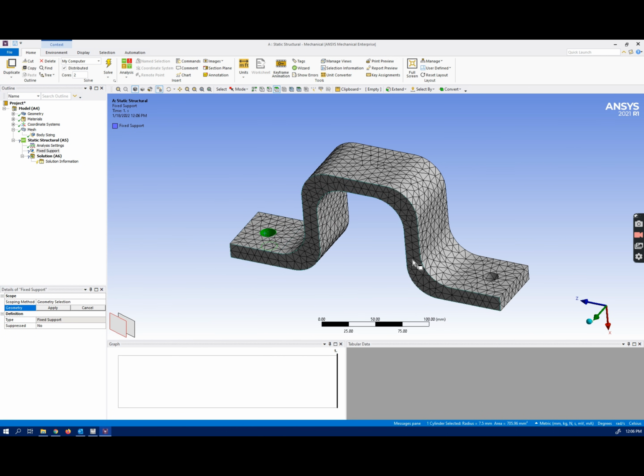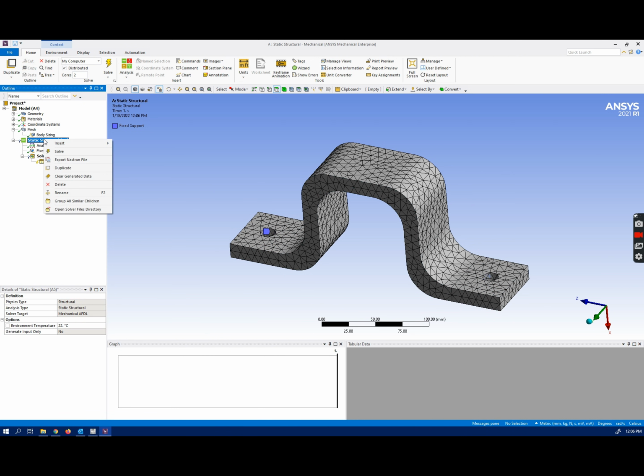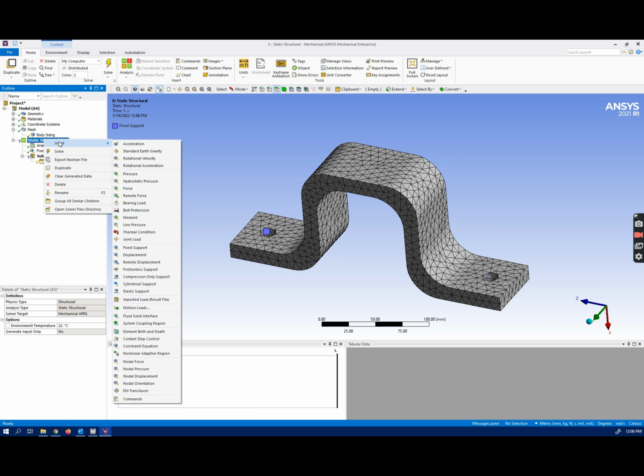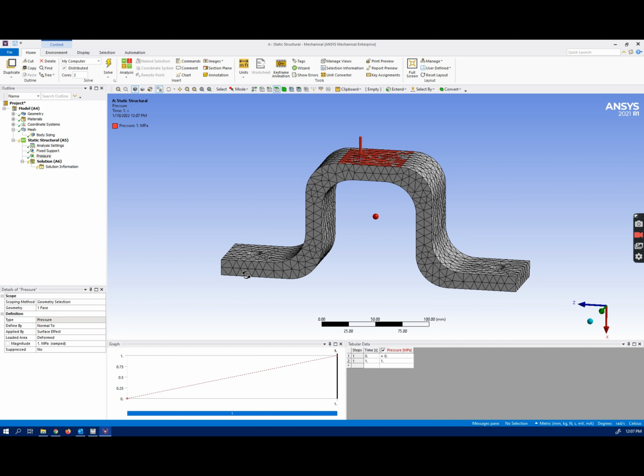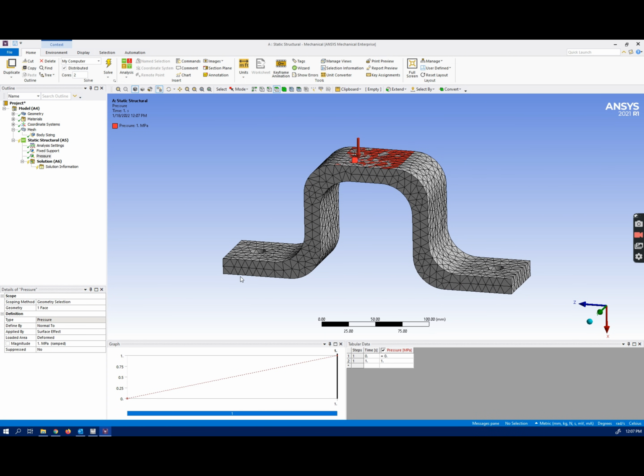I'm going to add fixed support here and here, and I need to add some type of pressure at the top. Maybe 1 megapascal, so it's downward.